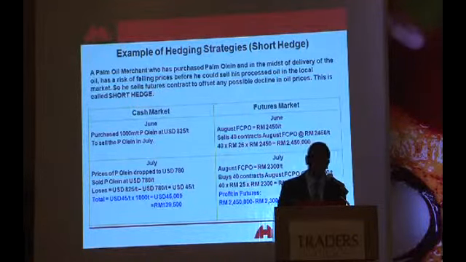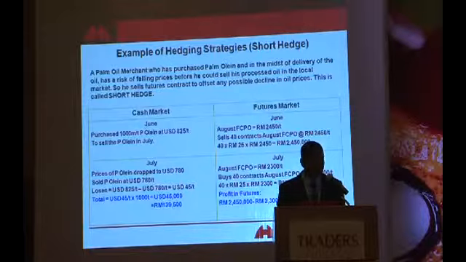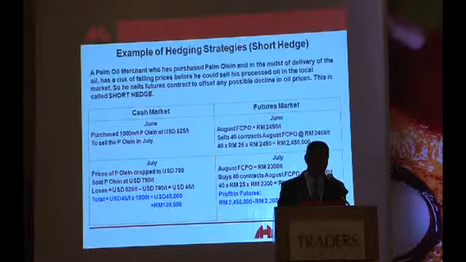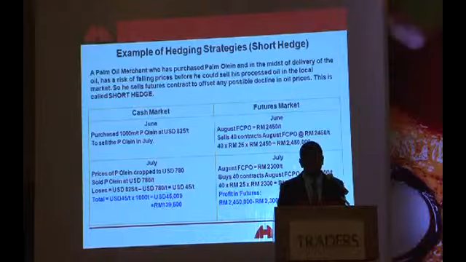But in the futures contract, since he shorted at 2,450, shorting means he would profit on the downside of the market. So in July, the prices drop, and as I told you, palm olein and CPO have a correlation. So in futures, he would profit about USD 48,400. So this eliminates the risk.